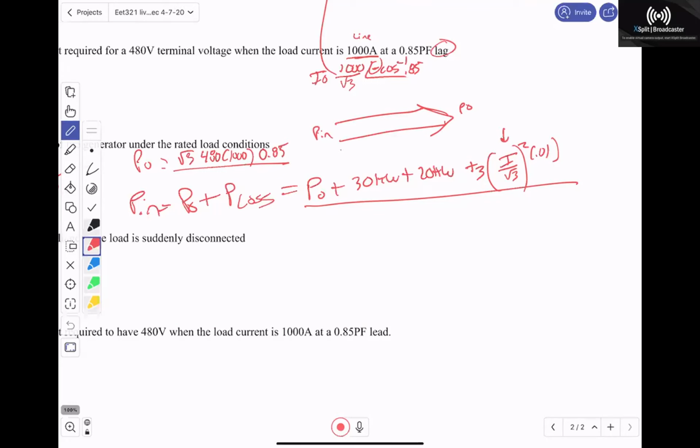So I'm going to take out my 30 kilowatts because that's rotational losses. Now I'm going to go into the core. So I'm going to take out my 20 kilowatts here. And then the last thing I do is I'm going to take out my armature copper losses. And that's that 3 I squared R. And that's where I get the efficiency.